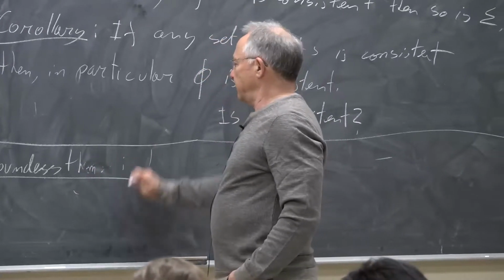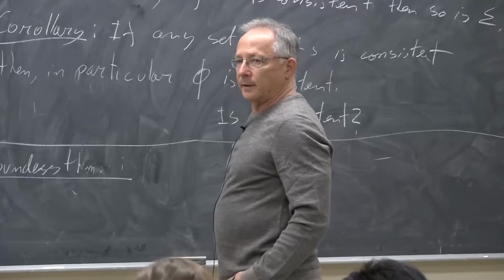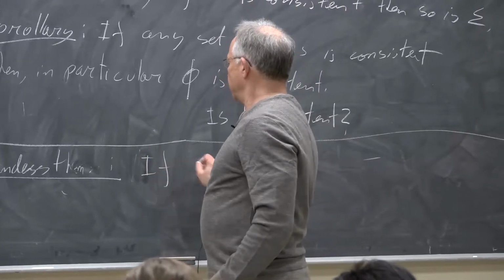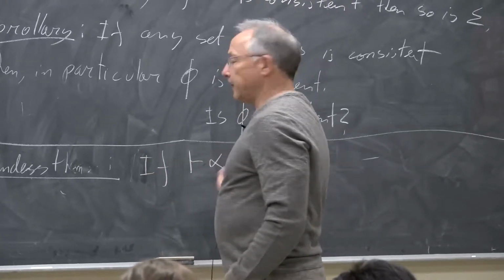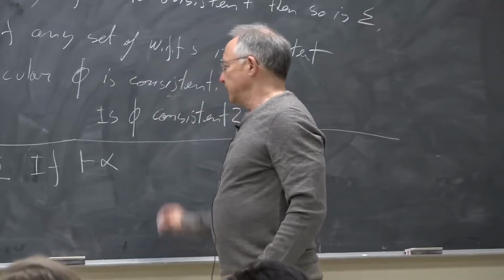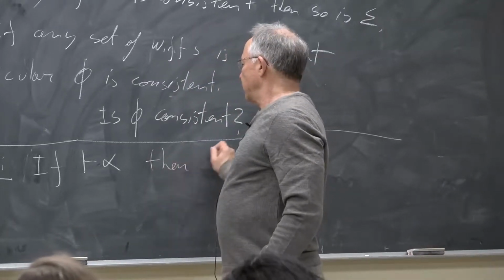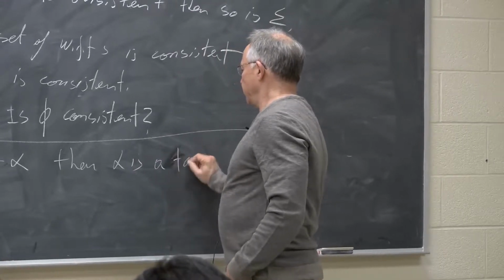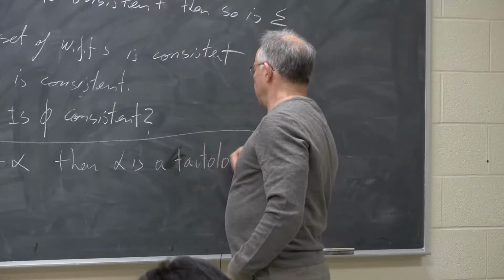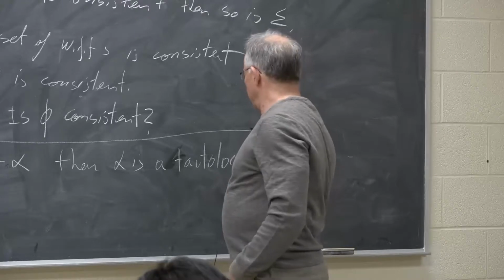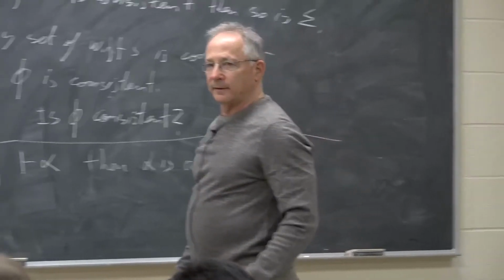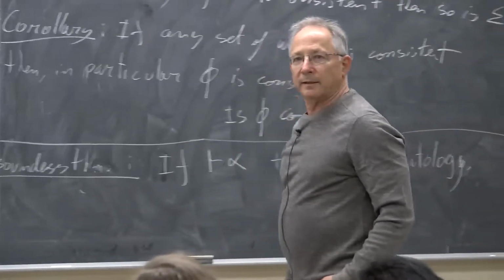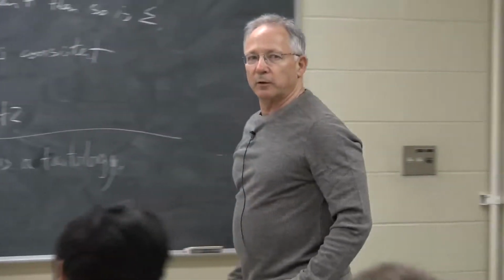It stated that if I can prove alpha, then alpha is a tautology. And now I can give you an example of something that I cannot prove.